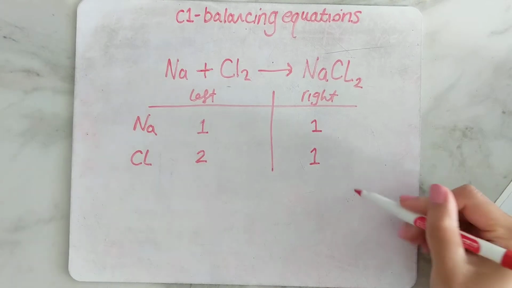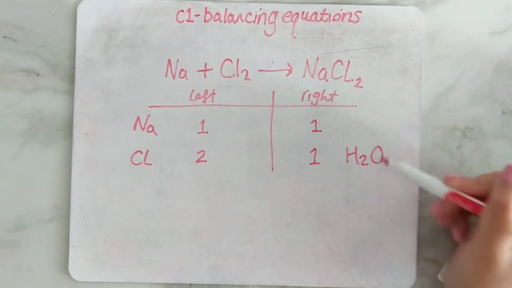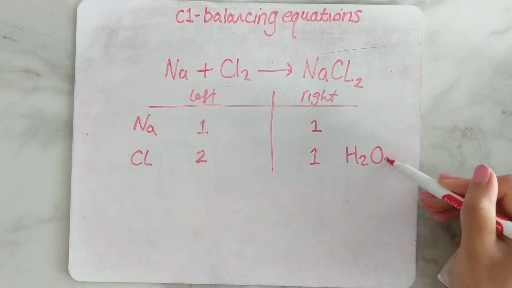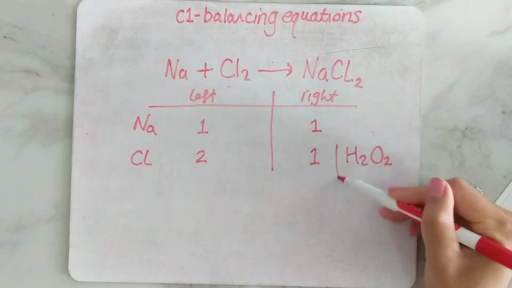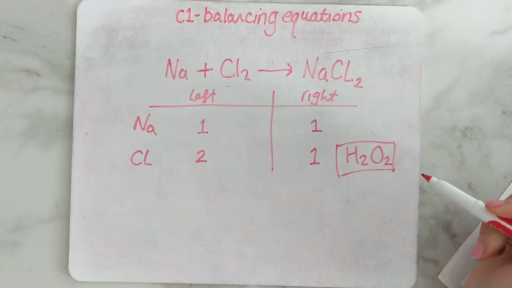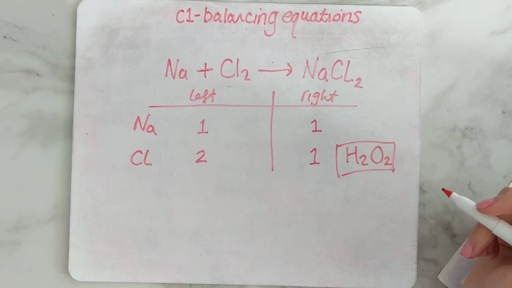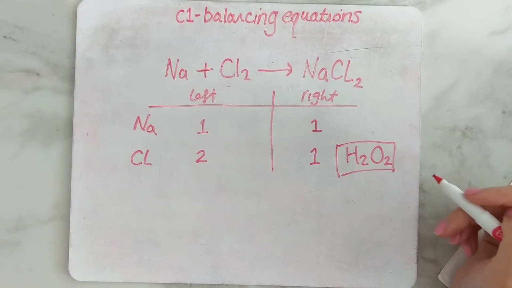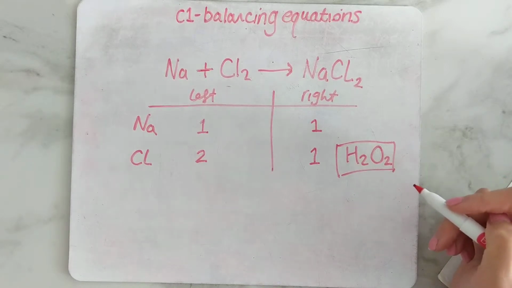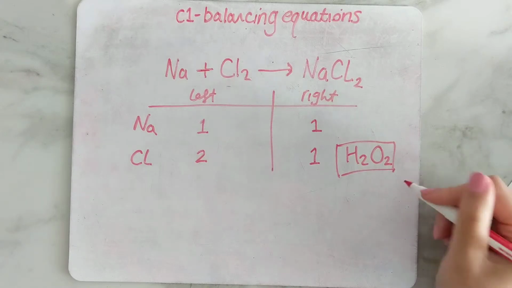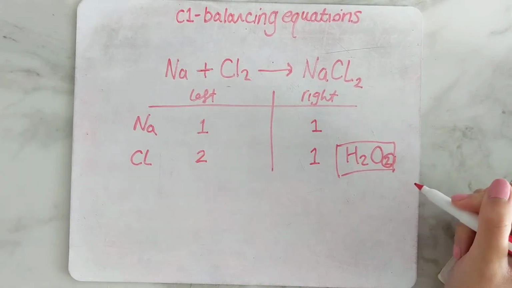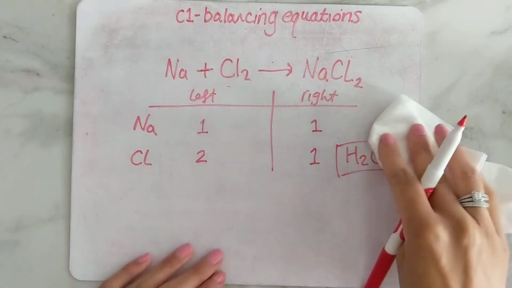So let me give you an example. H2O is water. If I put a little 2 there, that compound is now hydrogen peroxide, which is bleach. So we've just gone from water to bleach, which are 2 completely different substances, because I put that little 2 in. So you can never do that.